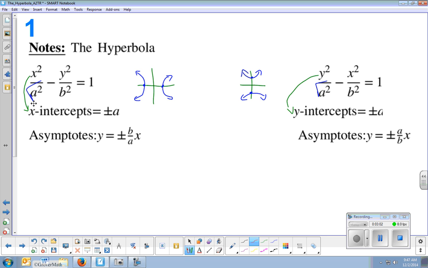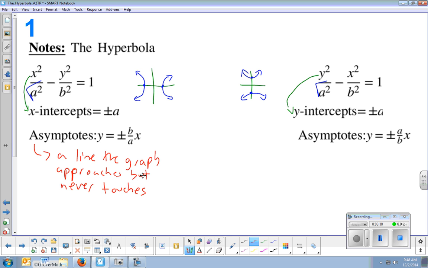But other than intercepts, this has something that we haven't really discussed yet. It has asymptotes. Now, let me just give you a little definition of what an asymptote is. It's a line the graph approaches but never touches.